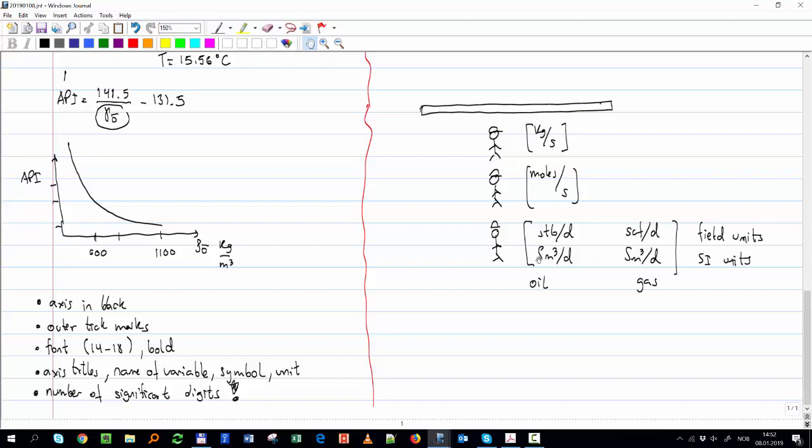So by putting the S, I'm saying that this is volume measured at standard conditions, SC, at PSC 1.01325 bar, and TSC 15.56 degrees Celsius. It's volume, we agree, but it's not going to change because I always measure at the same pressure and temperature conditions.